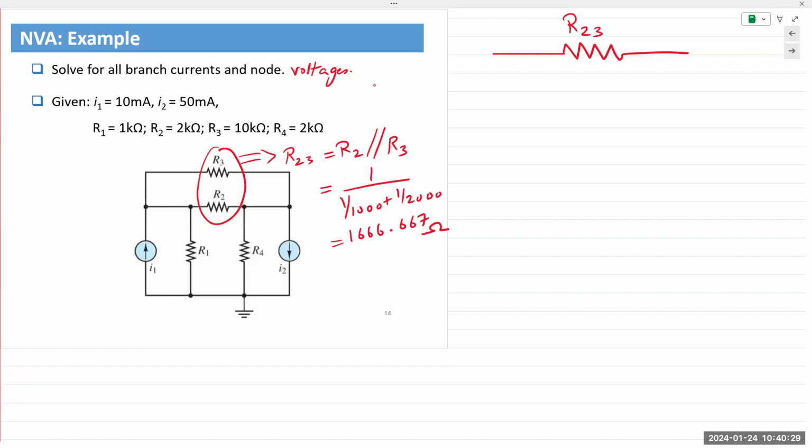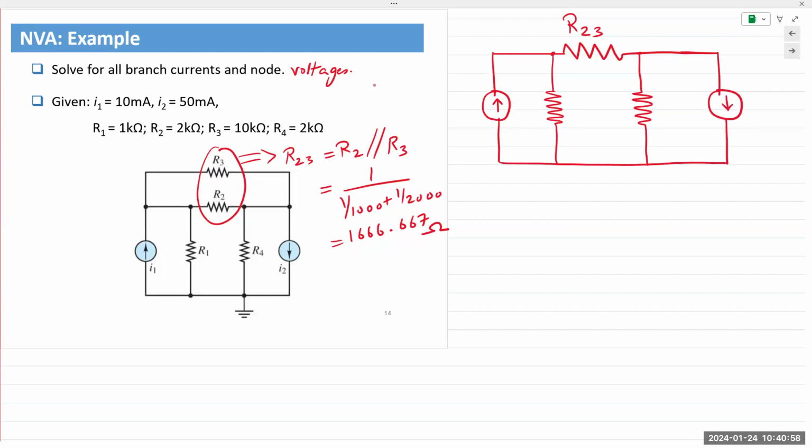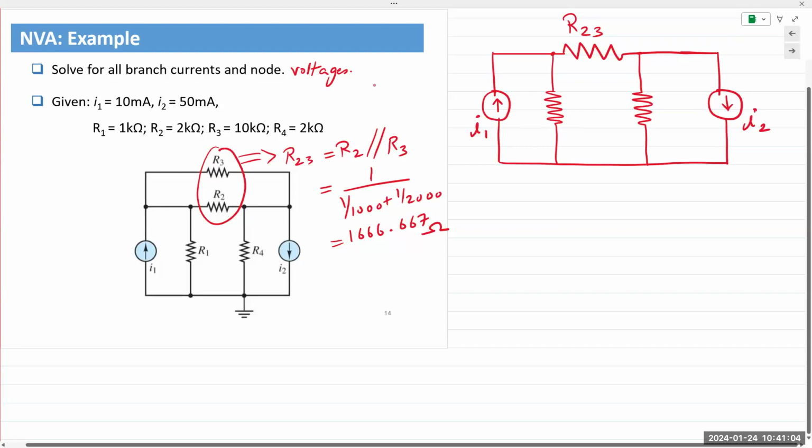Someone solve this and let me know if I'm right. All right, thank you. So the first step, we combined parallel resistors R2 and R3 into one single resistor, with I1 and I2 as the sources.